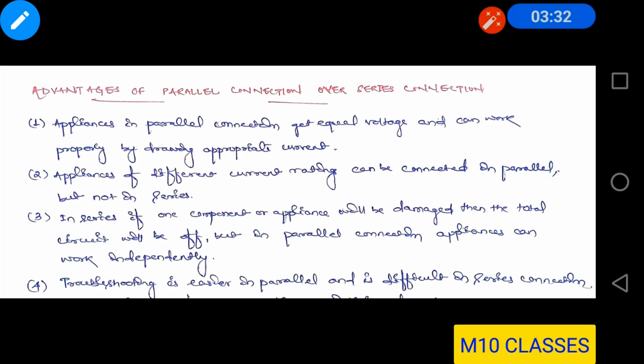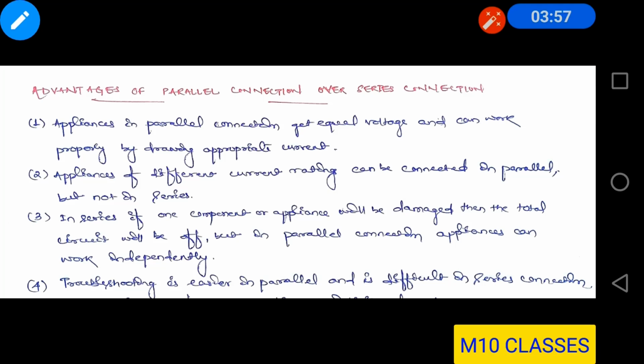Now students, let us see the advantages of parallel connection over series connection. In your home, the appliances are connected in parallel. Why are they not connected in series? Now let us discuss the points. First point, appliances in parallel connection get equal voltage and can work properly by drawing appropriate current.